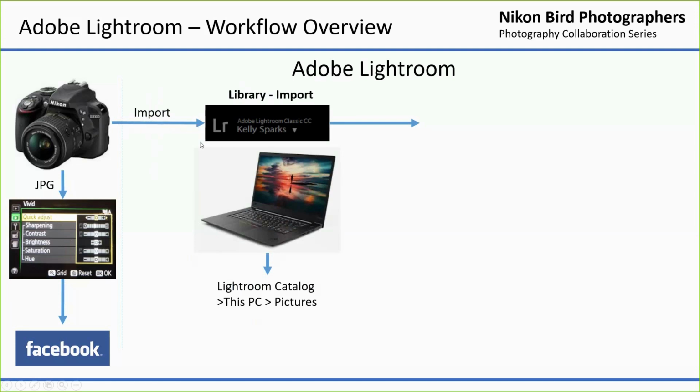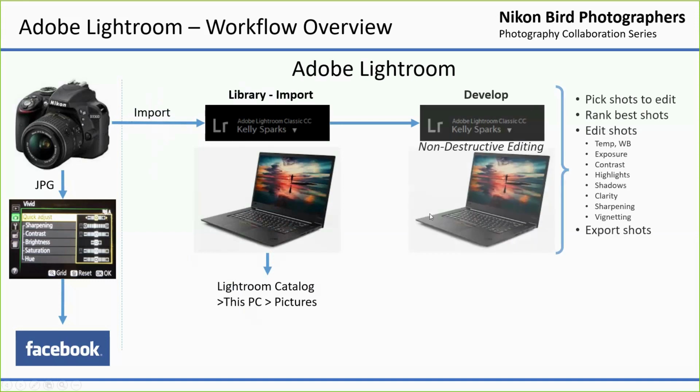Lightroom is going to grab them from the memory card, pull them into your computer and store them there. I use Windows, so it'll be This PC, Pictures. So it creates a catalog. It pulls the RAW files and categorizes them by date automatically on your computer.